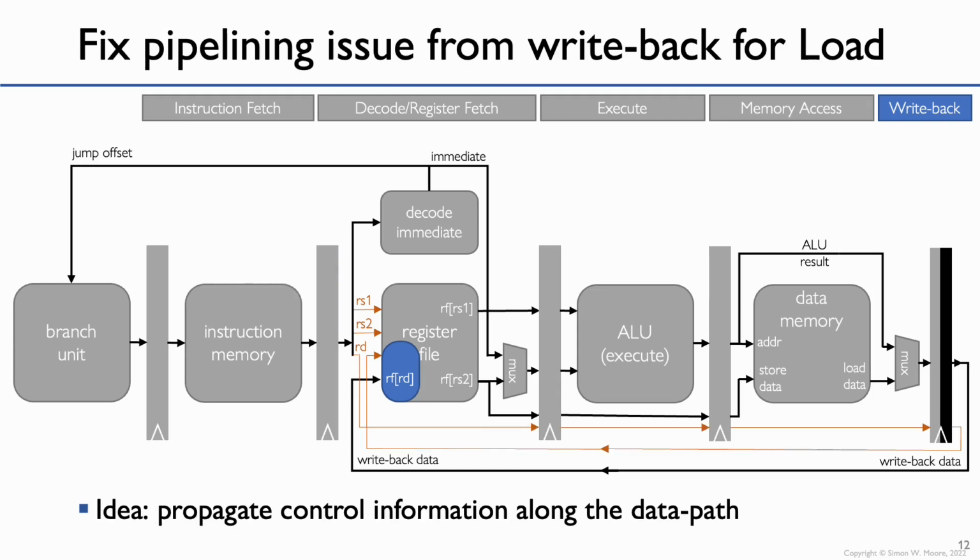So to fix this problem, we want to propagate the control information down the data path, along with the data.